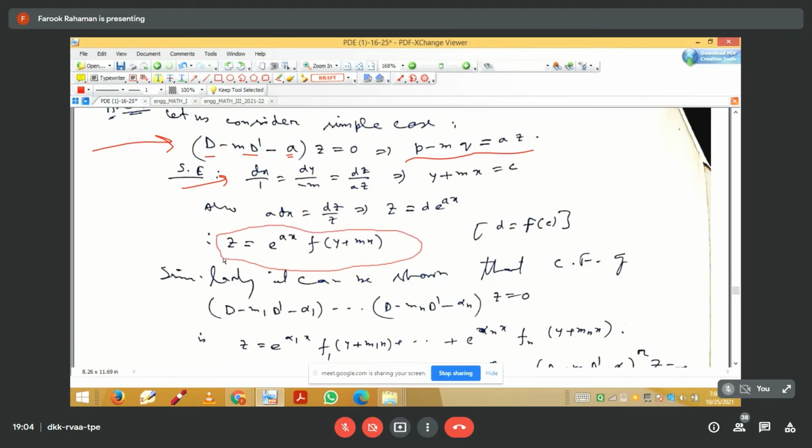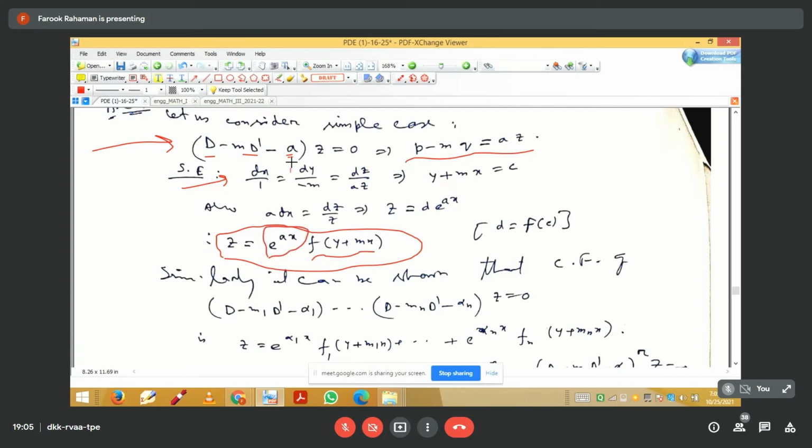So what is the difference between the homogeneous and non-homogeneous case? If you put a equal to 0, you will see that this is a homogeneous case. And if a is not 0, then we get a function of y plus mx. So for the non-homogeneous case, you have to write the extra term, which is the exponential, e to the power ax.